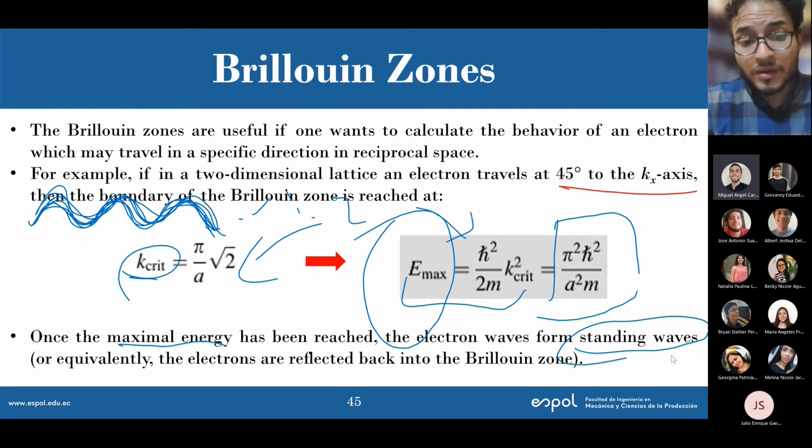So how do I get from the first brilliant zone to the second one or to the third one? Because they are already in the second brilliant zone. The electrons are already present there. You already have electrons in those.